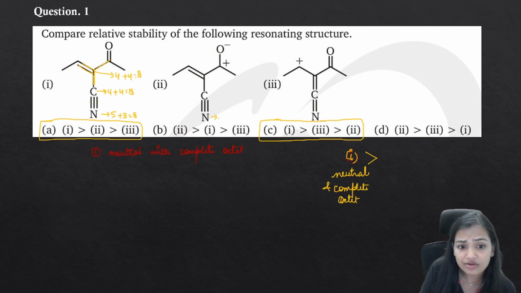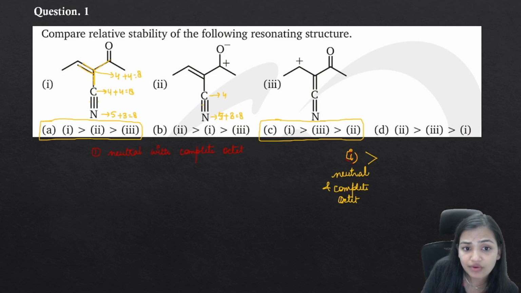Nitrogen has 5 valence shell electrons plus 3 electrons from sharing, so 5 plus 3 comes out to be 8. This carbon has 4 from sharing, so 4 plus 4 is 8. This carbon also has 4 and 4 from sharing, so 4 plus 4 is 8.